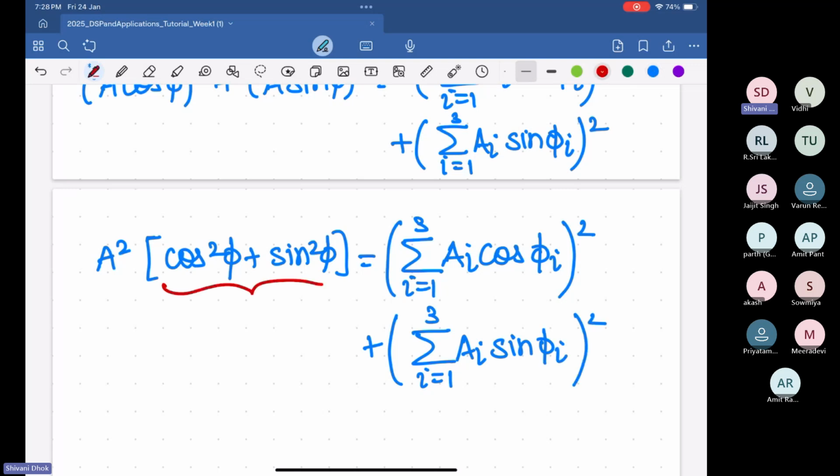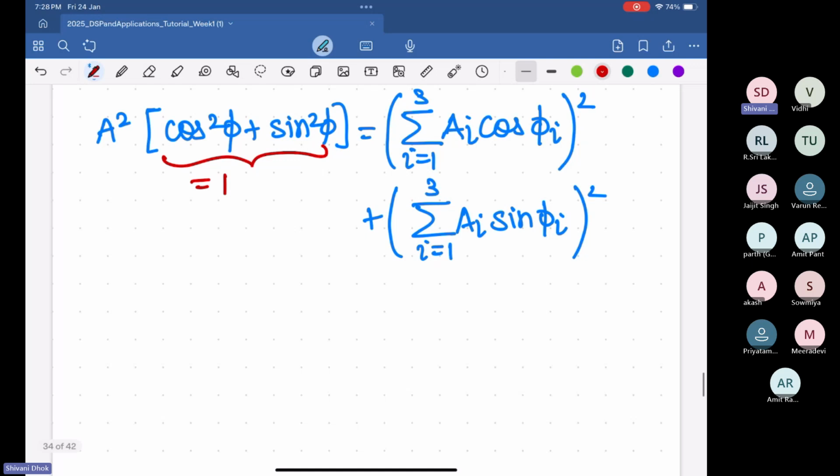Now this thing here is equal to 1. So A square comes out to be equal to this particular term here.